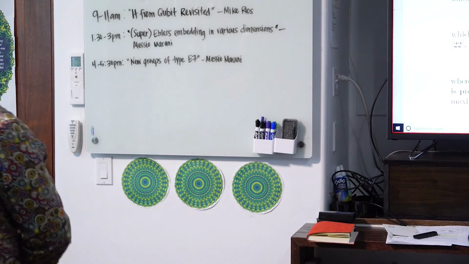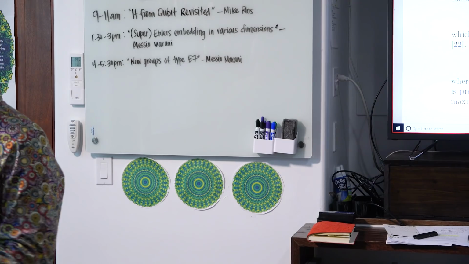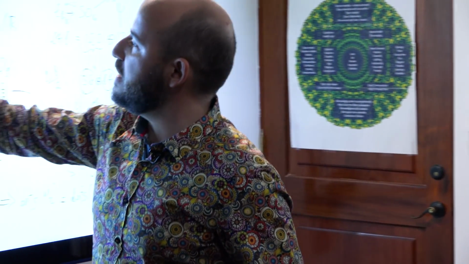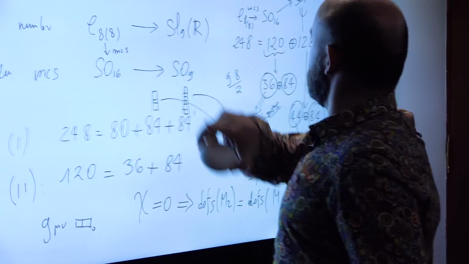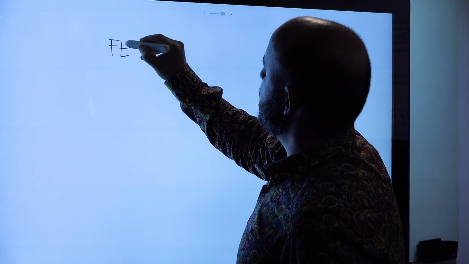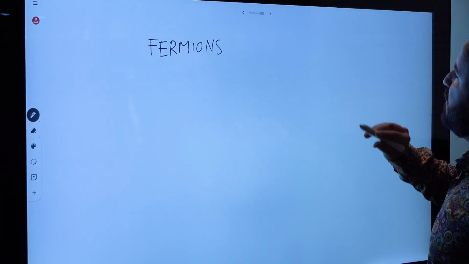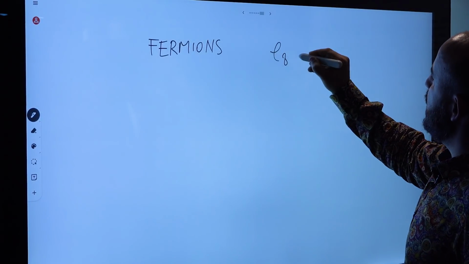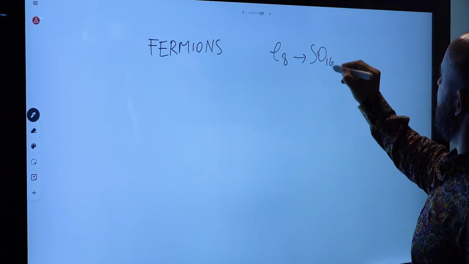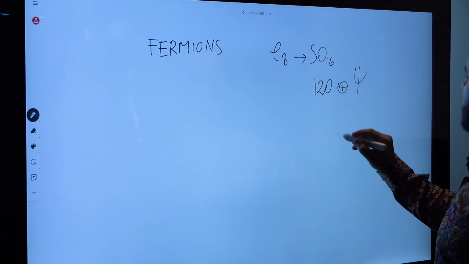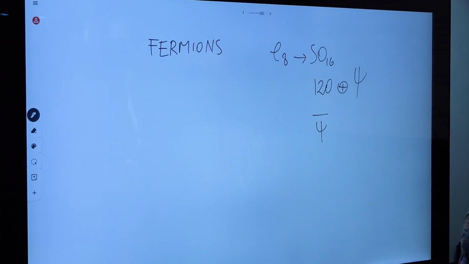Well, the fermions are given by, you see how mathematics fits perfectly with physics in this case. And let me just switch to this other page for fermions. So what are the fermions? Remember that E8 decomposes as 120 plus a certain spinor, but then one also has the conjugate spinor.